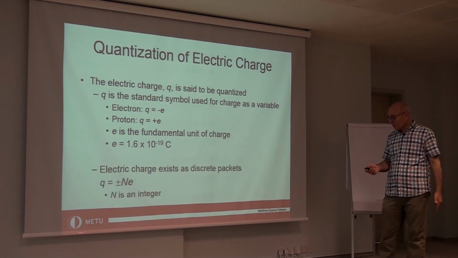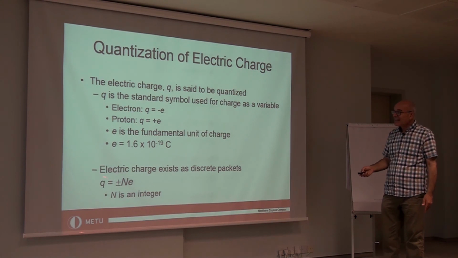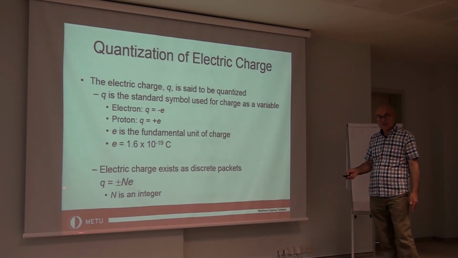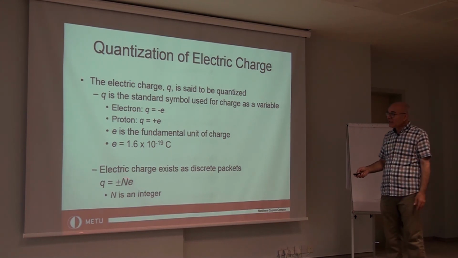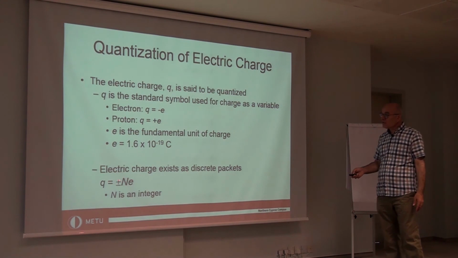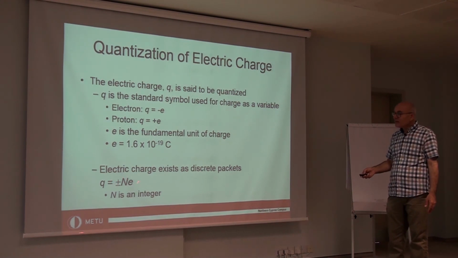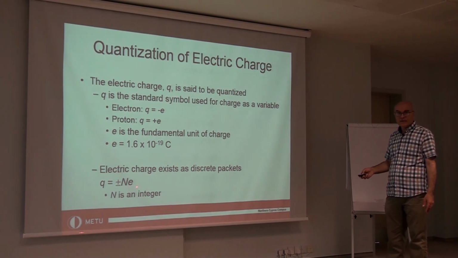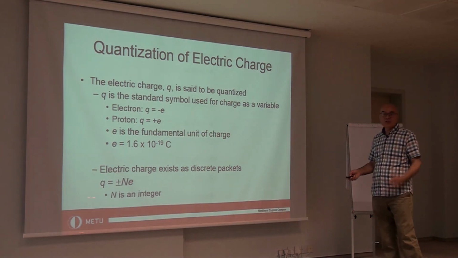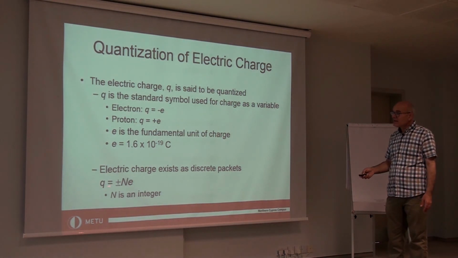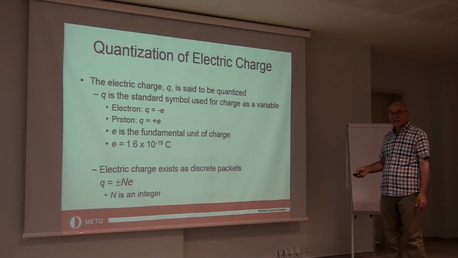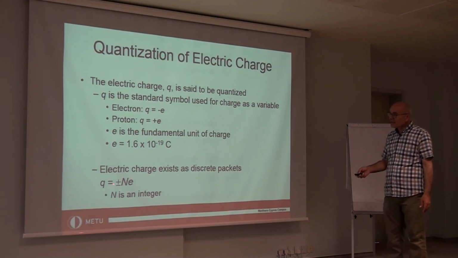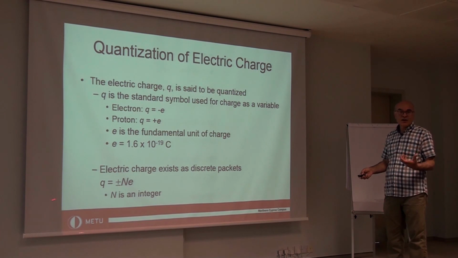So we come to this important relation: any electric charge that you can ever observe is actually a positive or negative number n multiplied by E. So if you have an object which is negatively charged, then the charge on that will be minus n multiplied by E, or in other words, an integer multiple of the charge of the electron.